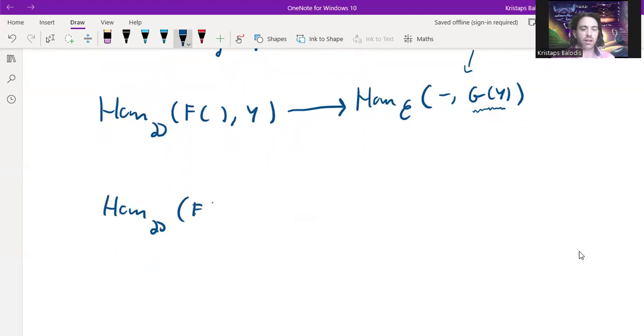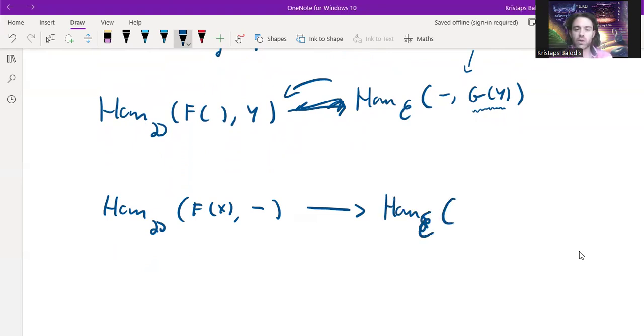So if I imagine that x were fixed and that I wanted to vary y, then I should also have a natural transformation, or maybe this one should go in the other direction, going between these two. And so this is now the composition with G.